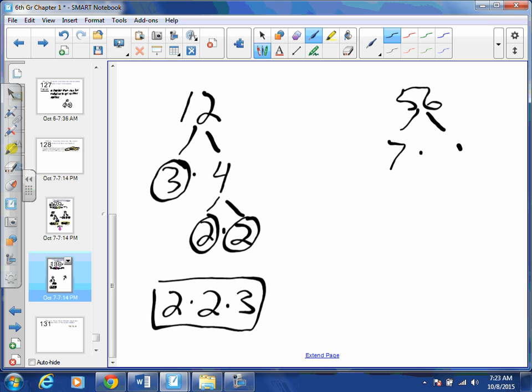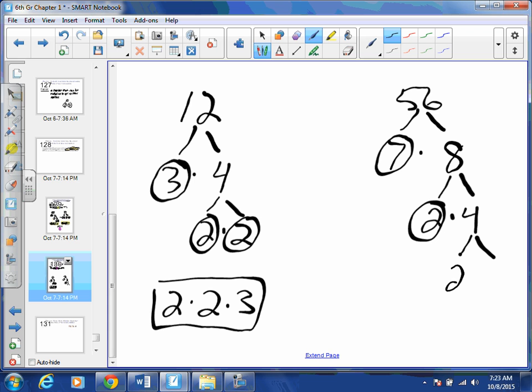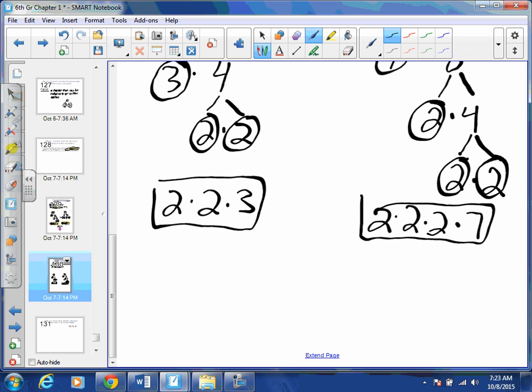All right, 56. Let's go with 7 times 8, because that's one of the math facts I memorized that comes to my head right away. 7 is prime. 8 can be broken down to 2 times 4. 2 is prime. 4 is composite, so I'll break that down into 2 times 2, giving me a prime factorization of 2 times 2 times 2 times 7.